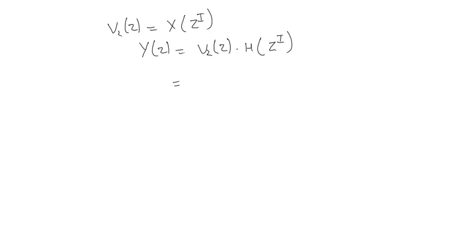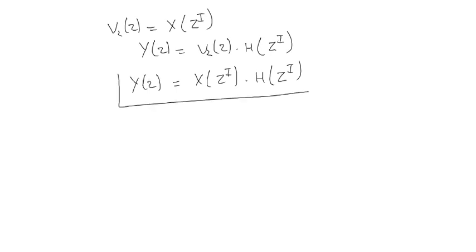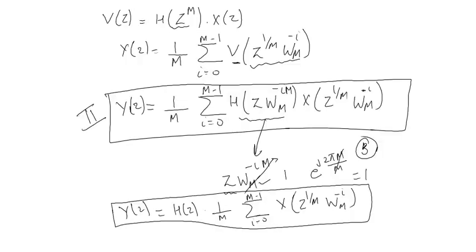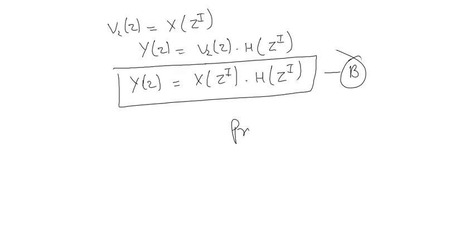So if I substitute it, x of z to the power I multiplied by h of z to the power I. So this is the output in the second case. If you just compare the first system and the second system, both are the same. So this is proved actually. Okay, this is proved in the z domain.